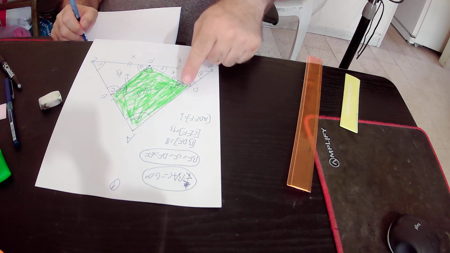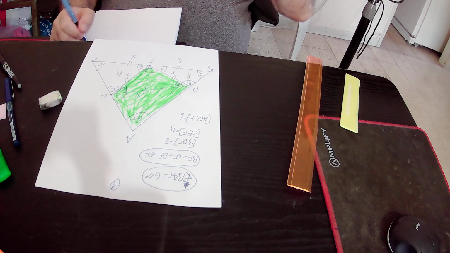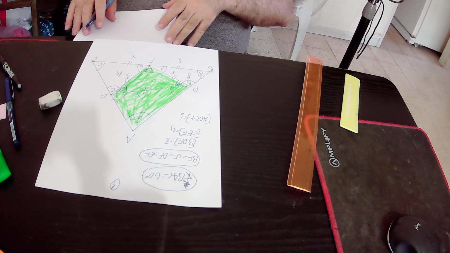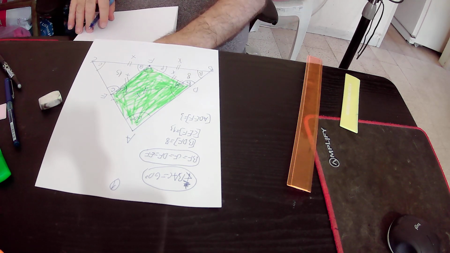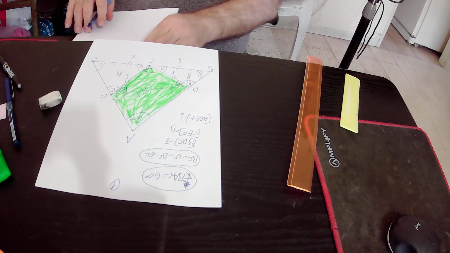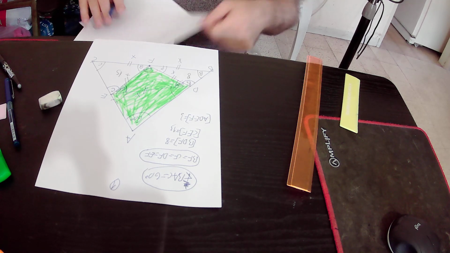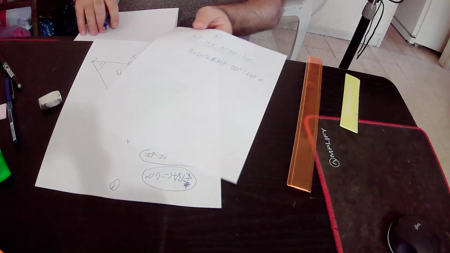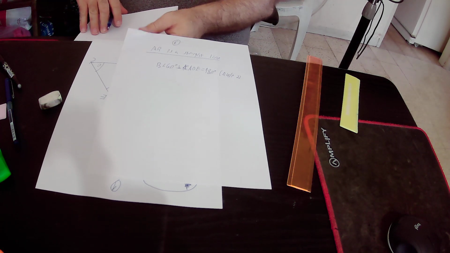Again, B plus C plus angle ADE must be equal to 180 degrees according to rule number 2 that states that the sum of the angles on a straight line is equal to 180 degrees. Okay.